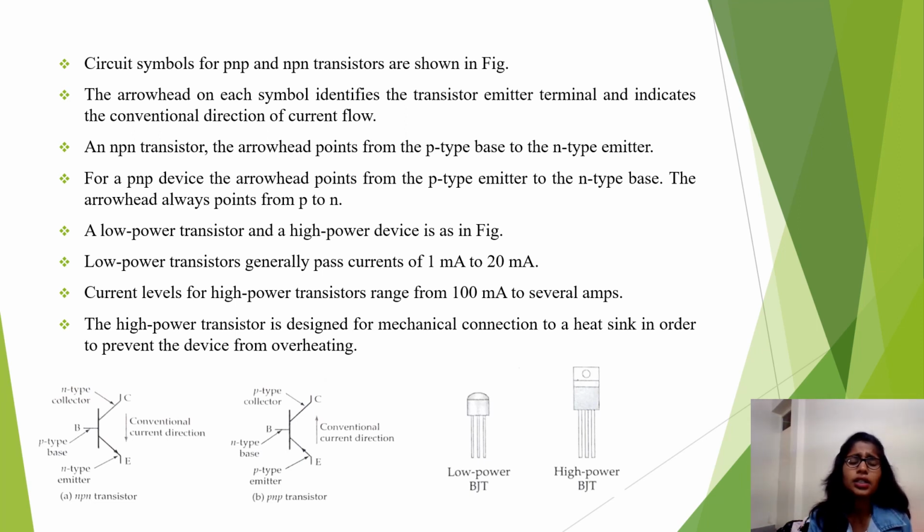The high power transistor is designed for mechanical connection to a heat sink in order to prevent the device from overheating. In this figure, there are the NPN transistor diagram and the PNP transistor diagram.